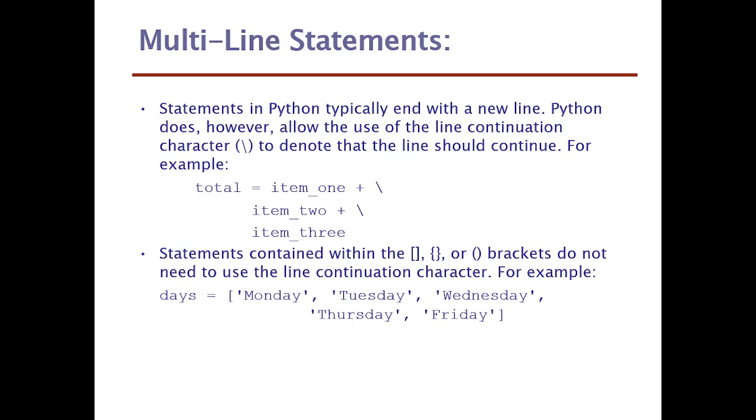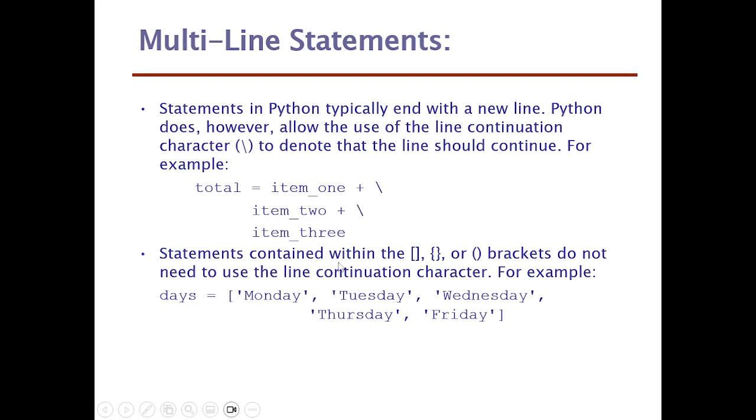If your program line is lengthy, you can just put a backslash to carry it into a second line. It's still the same lengthy statement, you just have the shorter view. So item_one plus item_two plus item_three. You just need to put the backslash.